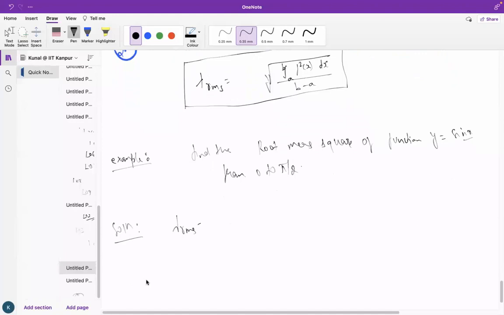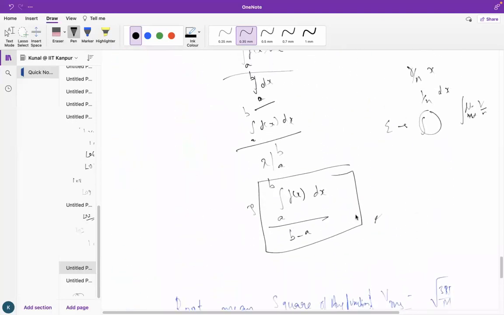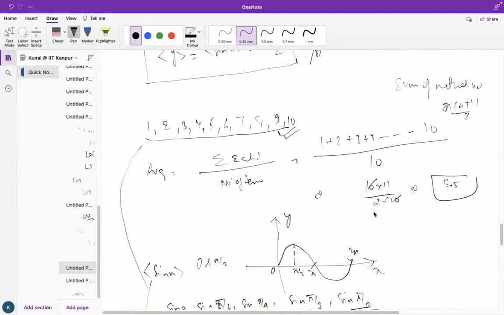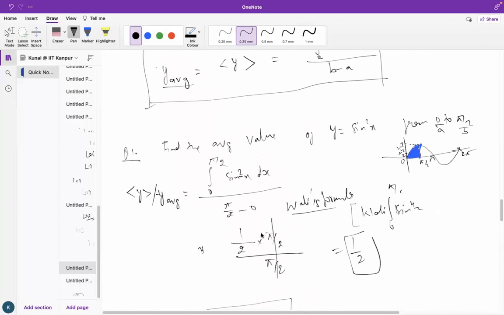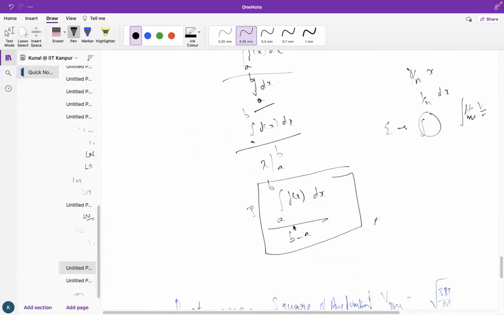Okay, so let me write it here. The lambda RMS is nothing but root over the integral from 0 to pi/2. There will be sin square x, because the function is sin x, so sin square x dx, and it will be divided by b minus a. So b minus a is nothing but pi/2. And we just solve this integral. On solving this integral, we are solving it by using Wallis, so we get pi/4 on the right-hand side.